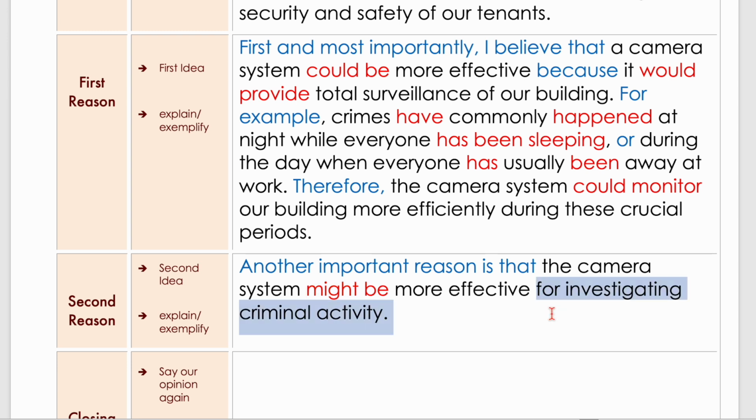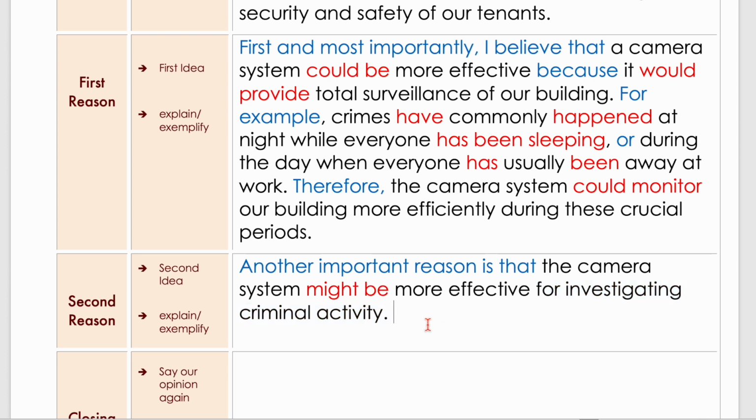This for investigating criminal activity, also something that sevens struggle with. Using gerunds or prepositional phrases like this, for investigating criminal activity. Something that level 7s have a difficulty with sometimes.